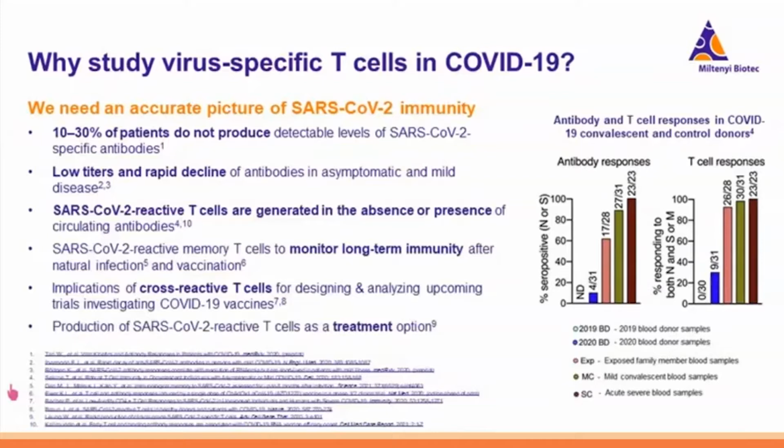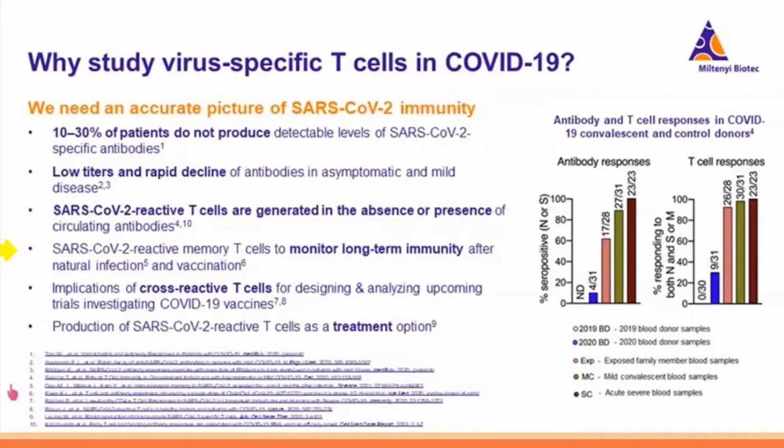For example, in this study from Sekine et al. from last year, who analyzed T cell and antibody responses in various patient groups, you can see that T cell responses were detected more frequently compared to virus-specific antibodies, particularly in cases of mild infection. Importantly, the analysis of SARS-CoV-2 specific T cells can also be used to monitor long-term immunity, after natural infection or after vaccination.